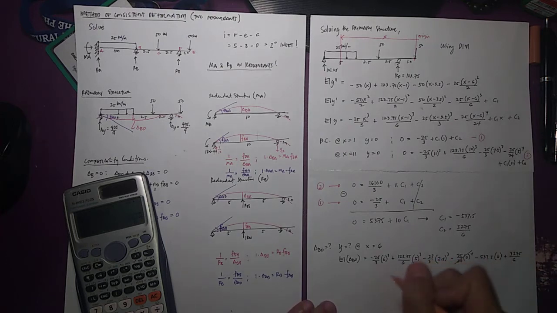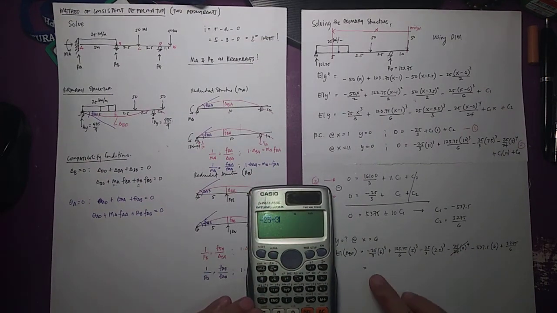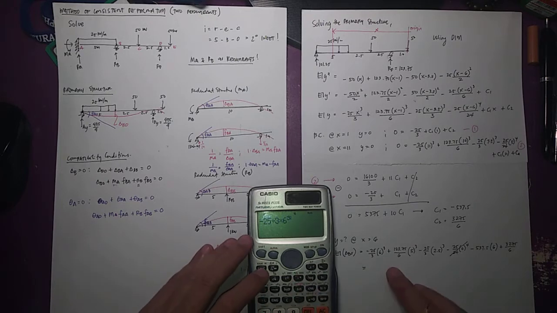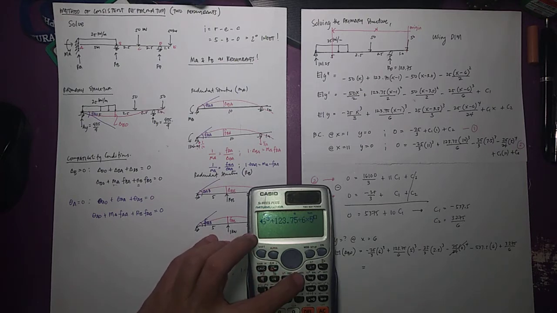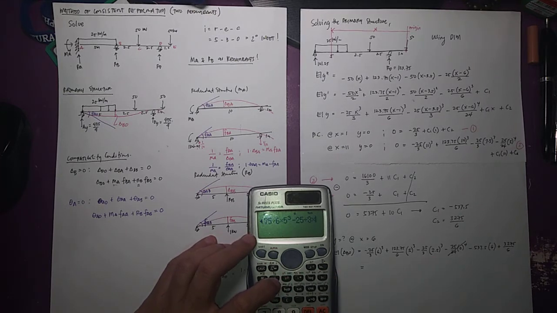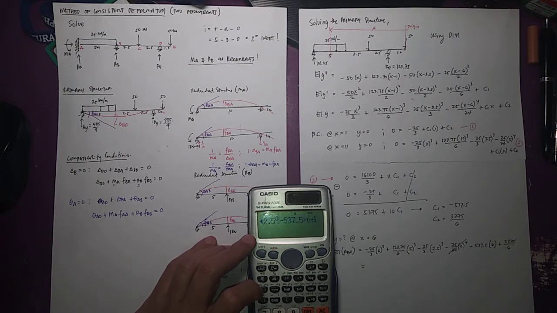Okay, so let us simplify this one and calculate everything. So that would be negative 25 over 3 times 6 cubed, then plus 123.75 over 6 times 5 cubed, minus 25 over 3 times 2.5 cubed, then minus 537.5 times 6 plus 3275 over 6.